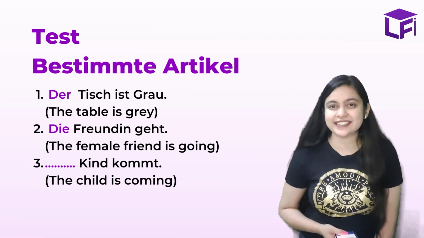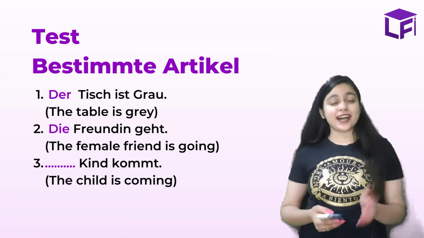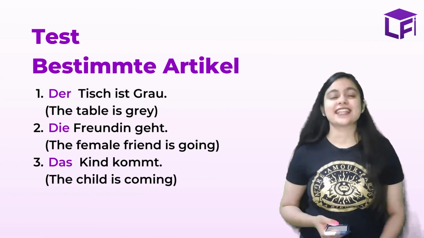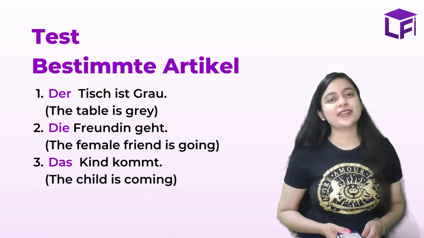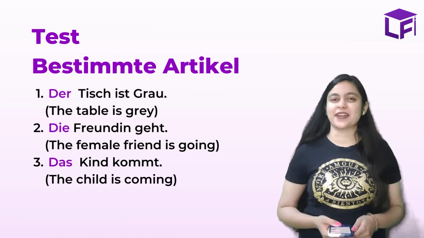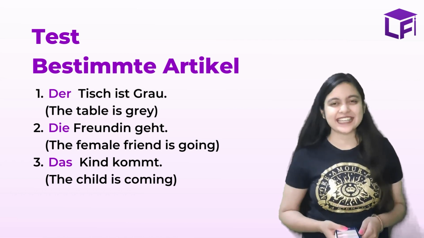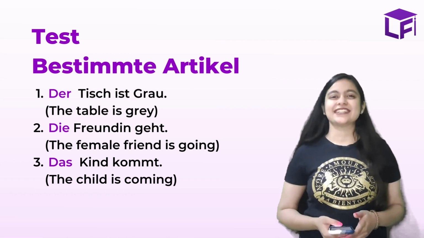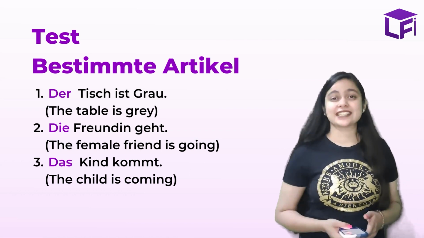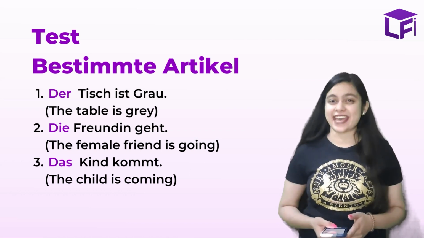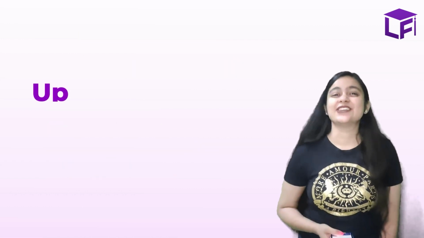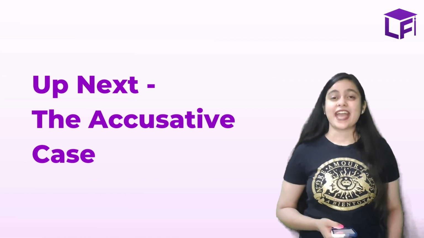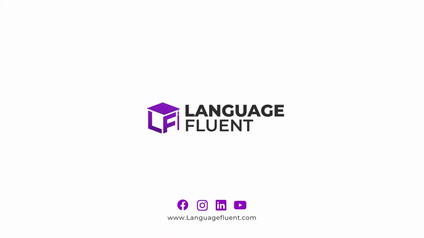Did you get the answer? The main root article of Kind is das Kind. So, in the unbestimmte article for nominative, it becomes ein Kind. Absolutely correct. A neutral noun. Excellent, guys. You have done a very good job. And this absolutely brings us to the end of our nominative case.